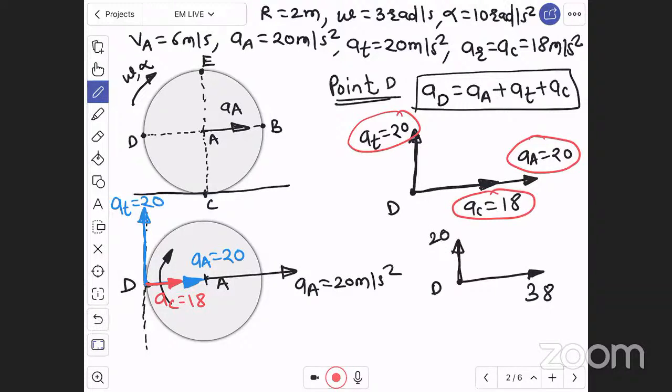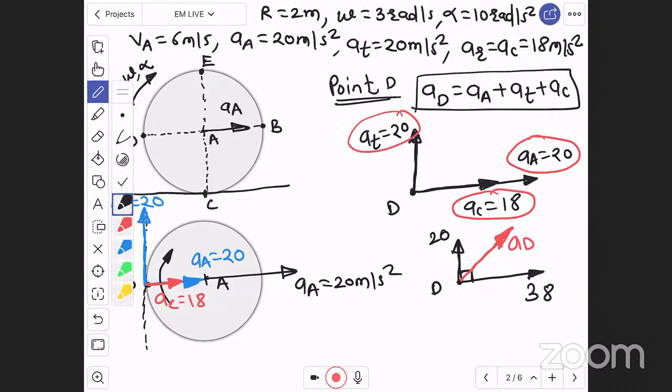So they are perpendicular to each other. Therefore their resultant will lie between them like this. That is acceleration of point D.